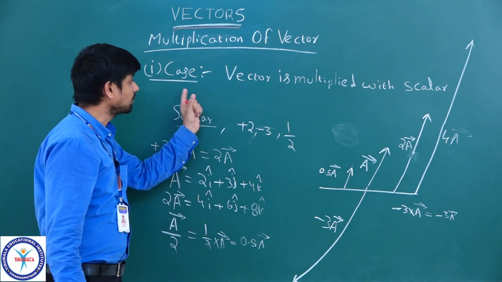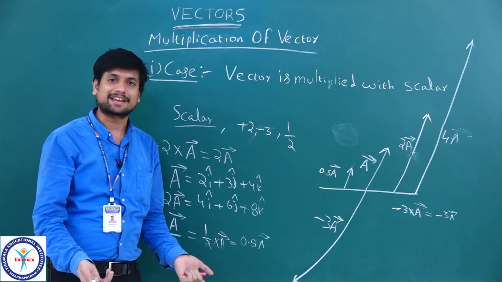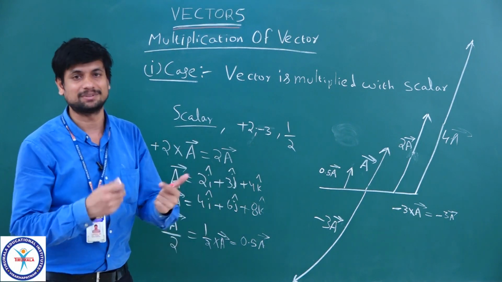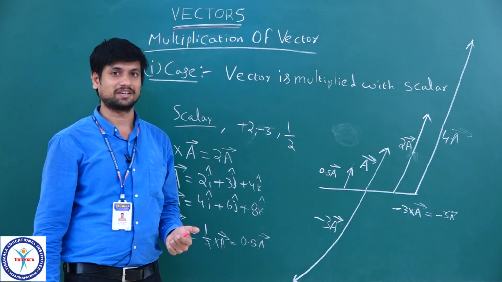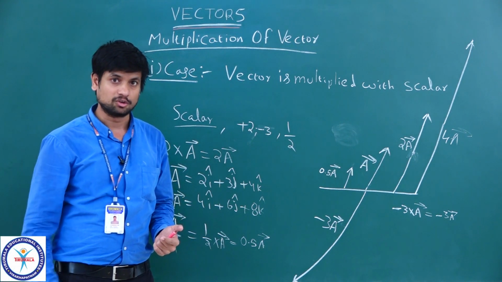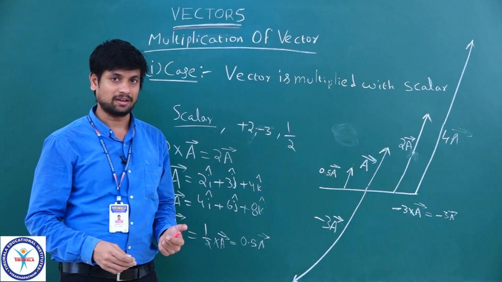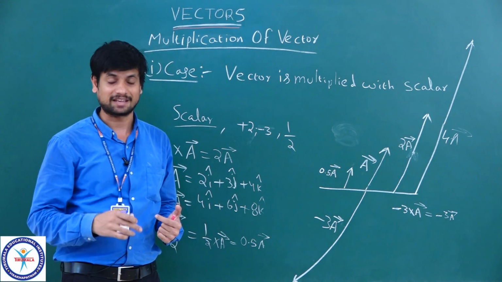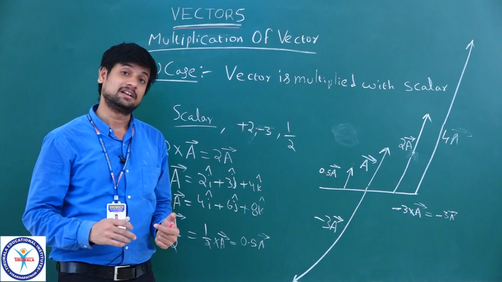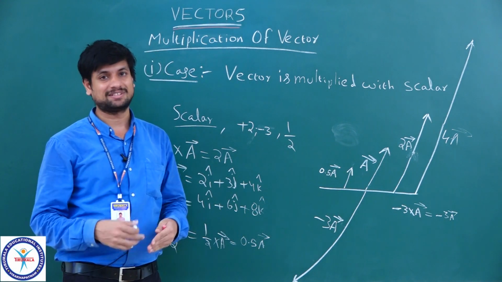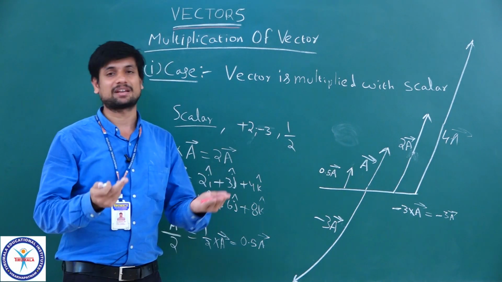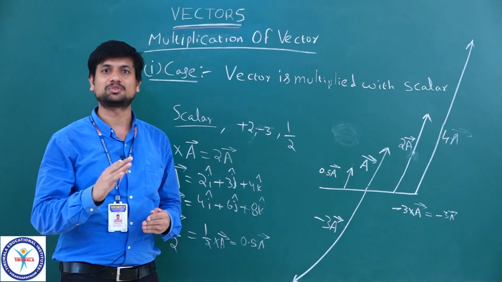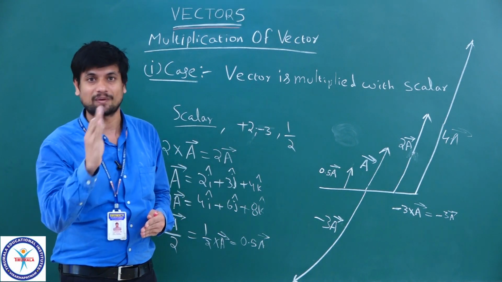So this is the multiplication where a vector can be multiplied with normal real numbers, not other physical quantities. Keep it in mind. You may think that velocity should be multiplied with mass, but I told you before, mass is a scalar. A physical quantity can be a scalar and a real number can also be a scalar. But there I should not assign any physical quantity to that value.